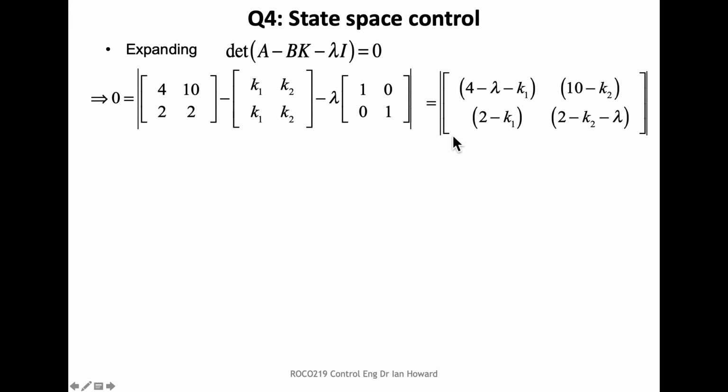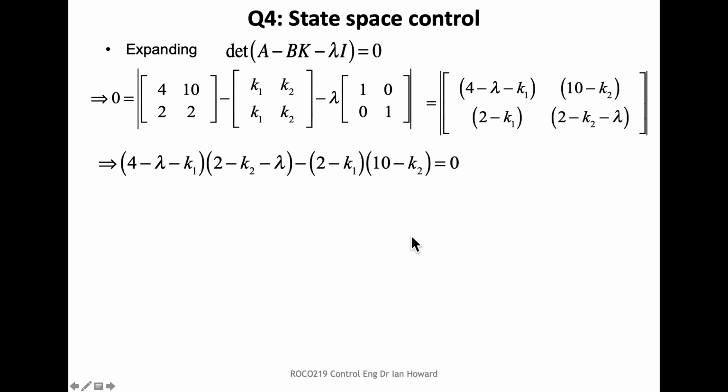The first term up here is this element, take away that one, take away that one. It's an element by element subtraction. 4 minus K1 minus lambda, that's what we've got here. This is 10 minus K2, there's no term here. This is 2 minus K1, that's what we've got here. And then we've got 2 minus K2 minus lambda, that's the last term.